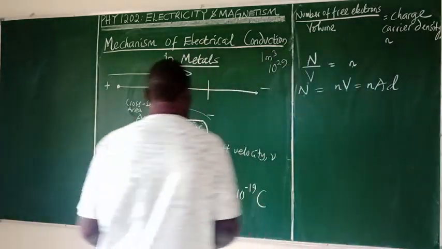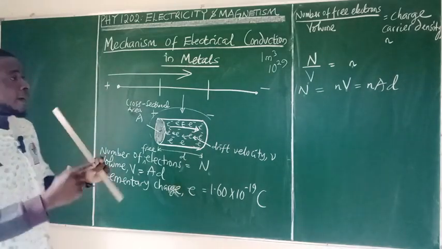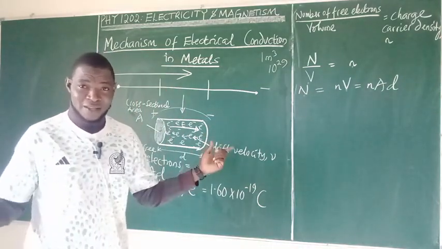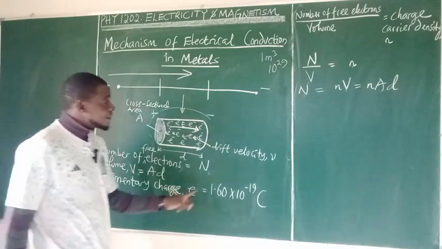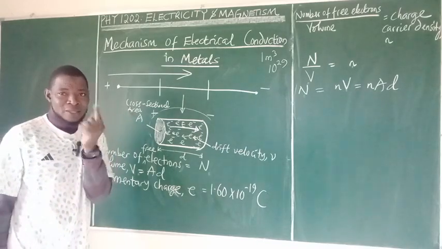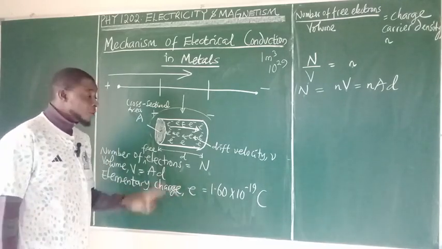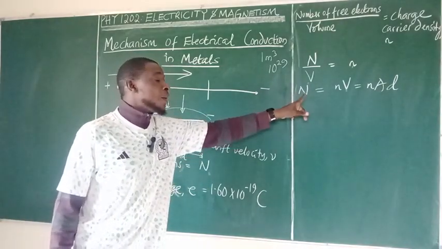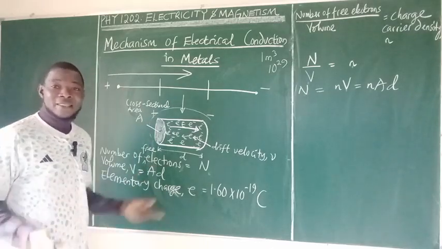The next thing we should know is that since this is the number of free electrons that we have, and each electron has this charge, we can multiply this and this to get the total charge. Every single electron that you have possesses this charge. So if this is the total number of electrons that I have, when I multiply N by e, I will get the total charge that they have.